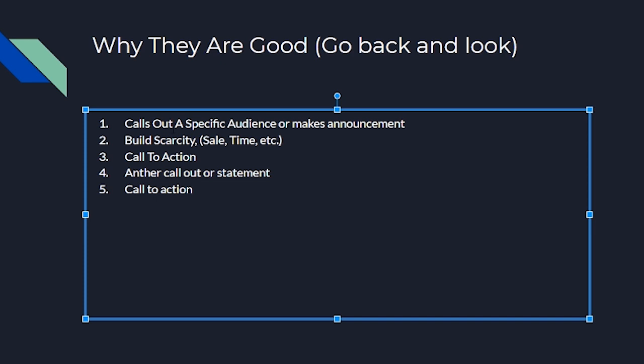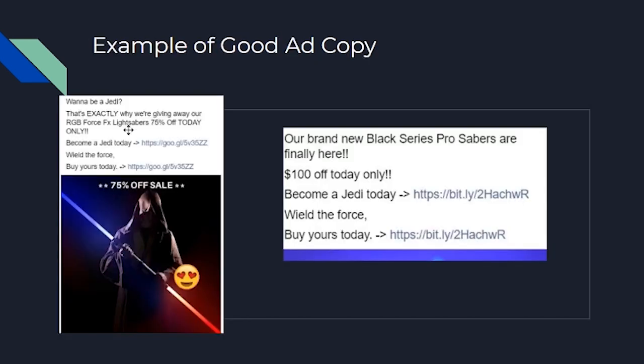You want people to buy for a reason, and that reason is either you're having a big sale or a limited time offer. Maybe you're giving a free plus shipping offer. There's a bunch of different ways that you can build scarcity. The sale in time, having a big sale for a limited amount of time, is usually what I go with, almost all the time.